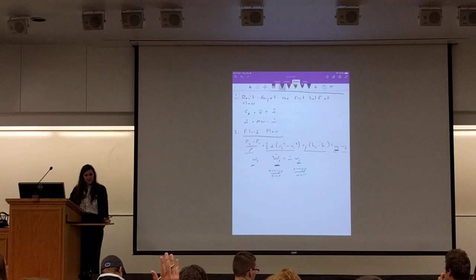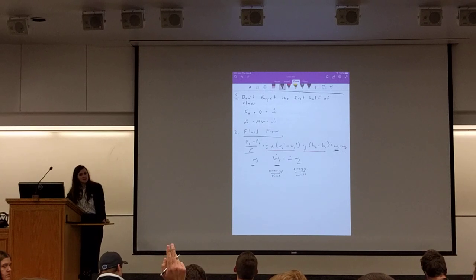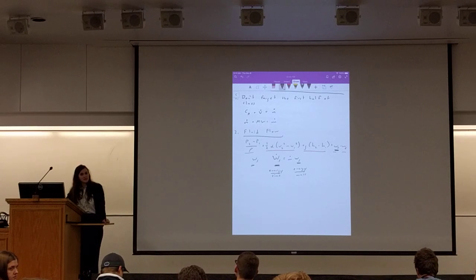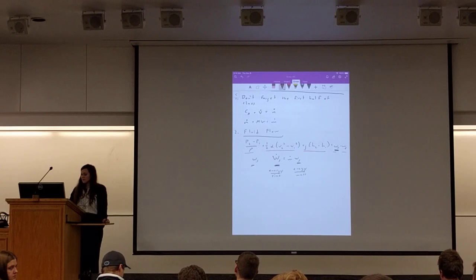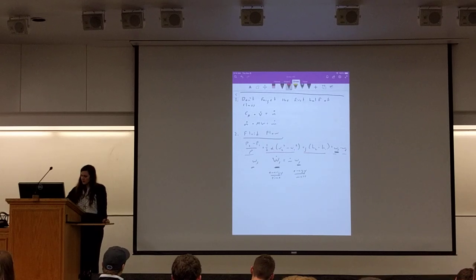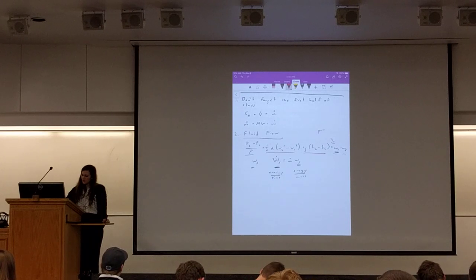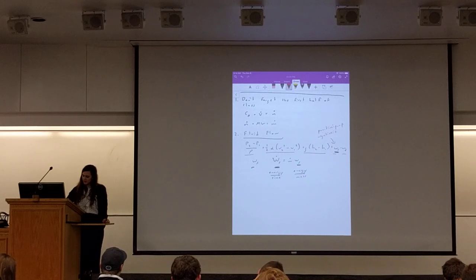WS is positive for a pump, and it is negative for a turbine, however you pronounce it.